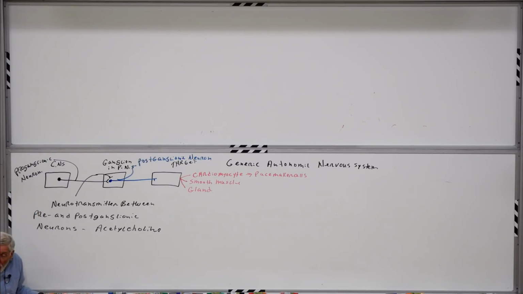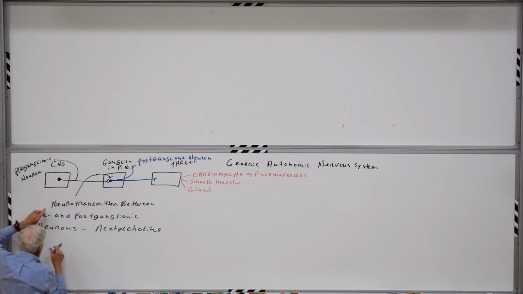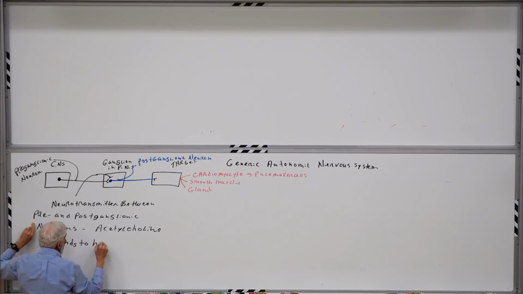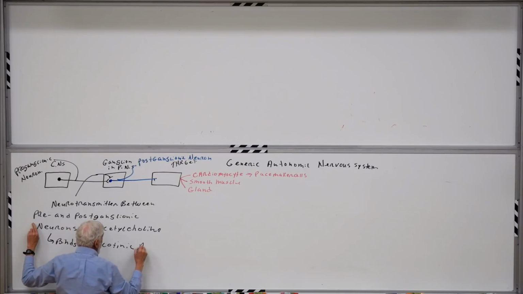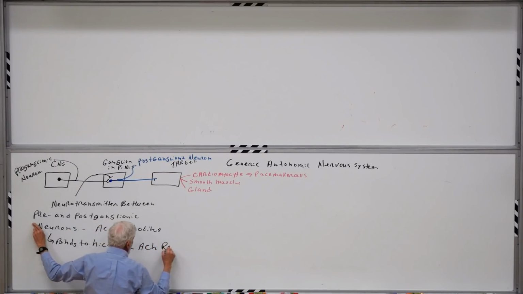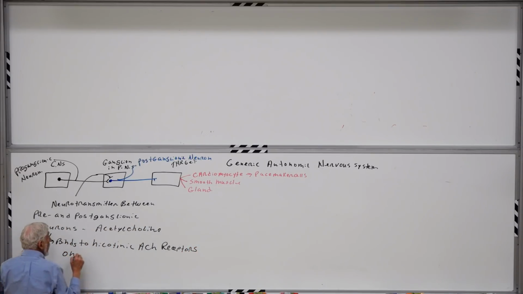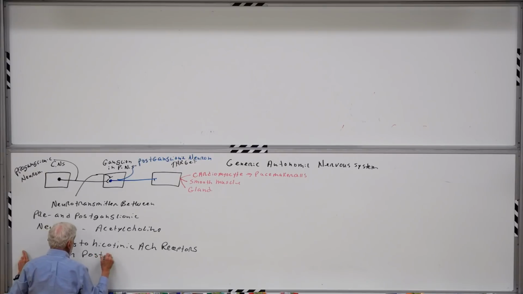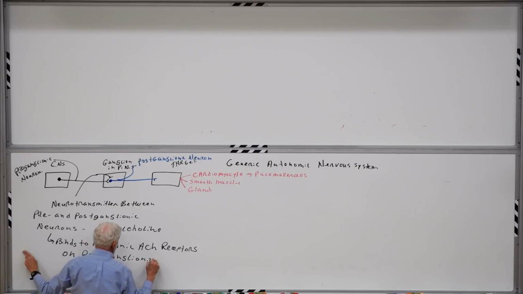So regardless of whether we're talking about the sympathetic or parasympathetic branch, the preganglionics always release the neurotransmitter acetylcholine, and this neurotransmitter binds to nicotinic acetylcholine receptors on postganglionic neurons.